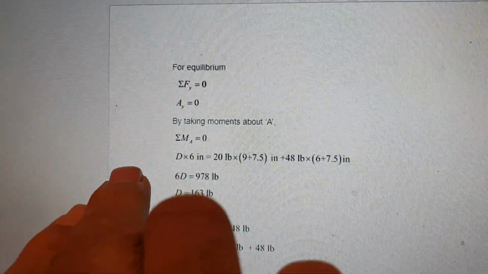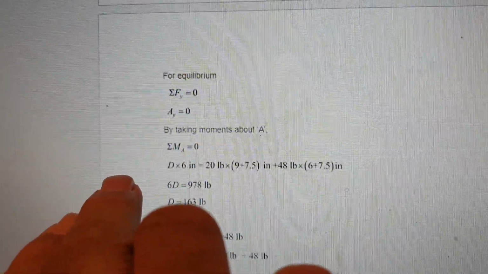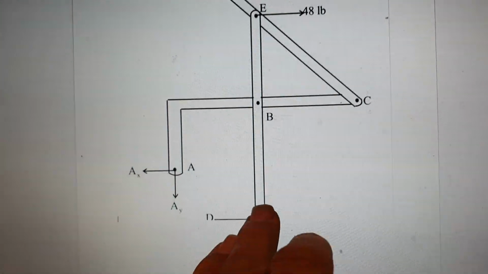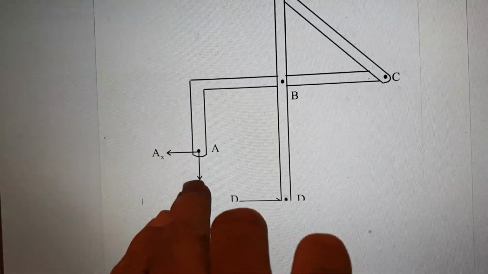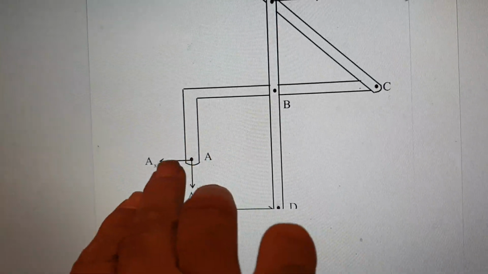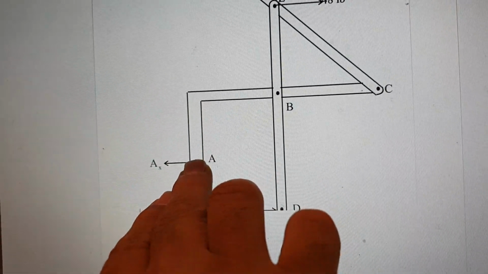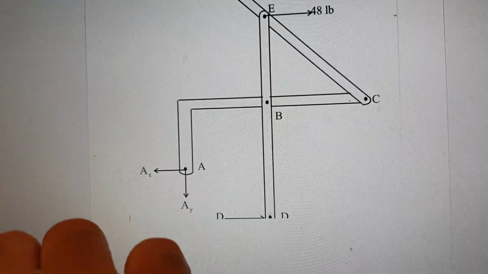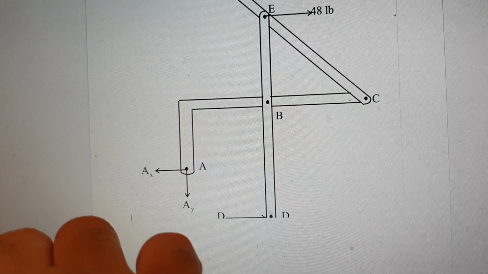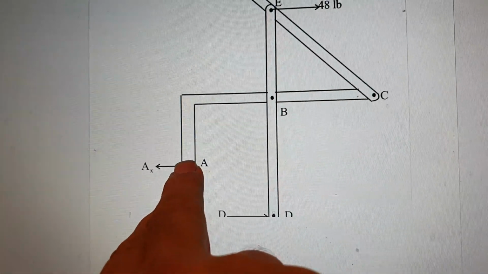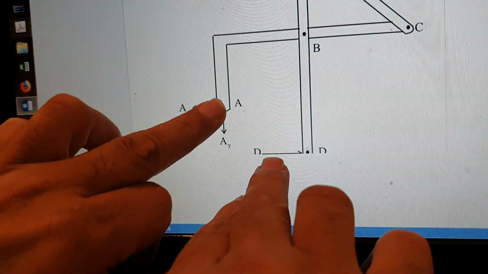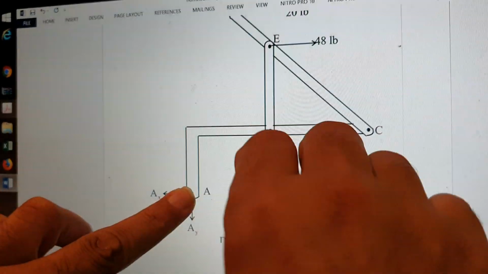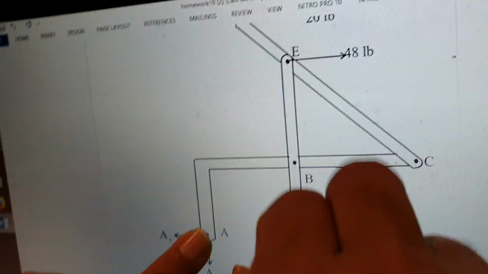Now, summation of moment. You can take summation of moment at D, because now AY is 0, so you don't have to worry about AY. Summation of moment at D, you could find AX, or summation of moment at A to find D. So you could apply this summation of moment equation by taking summation of moment at A. You could make it like this: D will move it counterclockwise, and this is the distance.